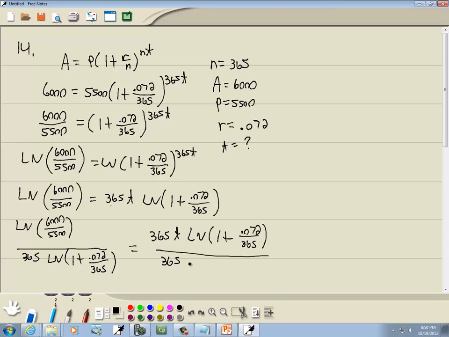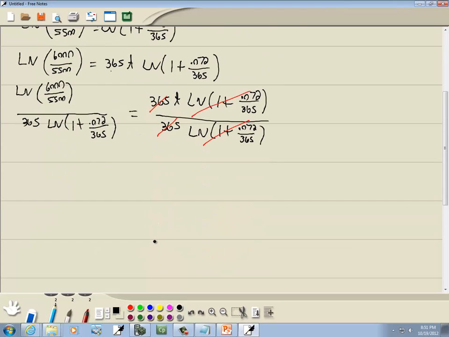And again, dividing both sides by that, this is going to cancel with that, and the 365 cancels with the 365. So T is going to equal this mess on our left side here.